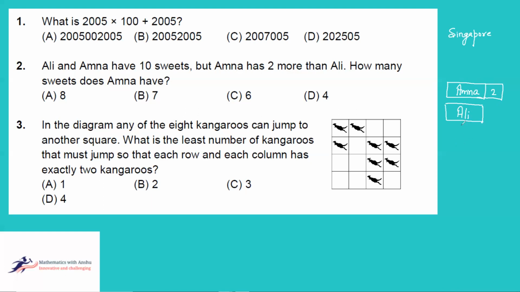That means if you subtract 10 minus 2, that is 8. And both are equal, so this has 4 and this has 4. So even a small child can understand that now Amna will have 6. Right? So this is a very, very powerful method. I want every child to learn from Singapore, the bar model method.